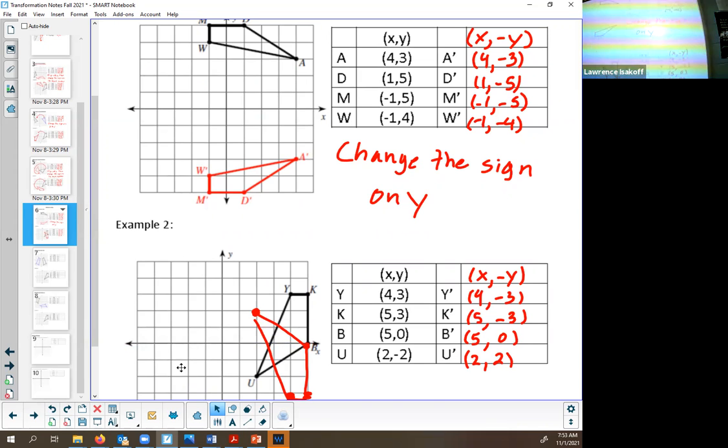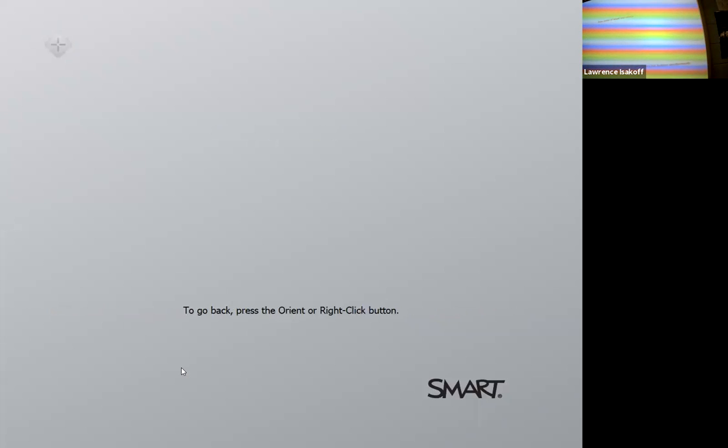Any questions on reflecting over the x-axis? Let me quickly recalibrate the board. Sorry about that, definitely for those of you watching the video.